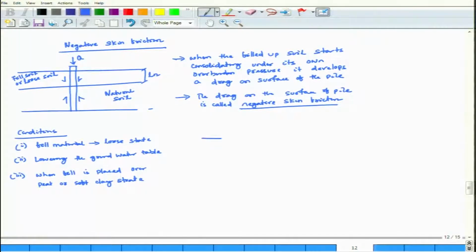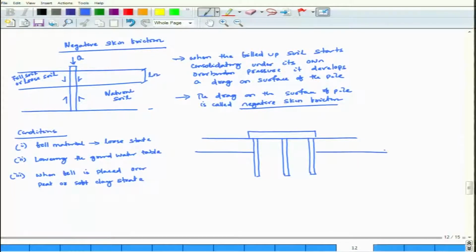Let me draw it once again. There is a group of piles. There are 3 layers.